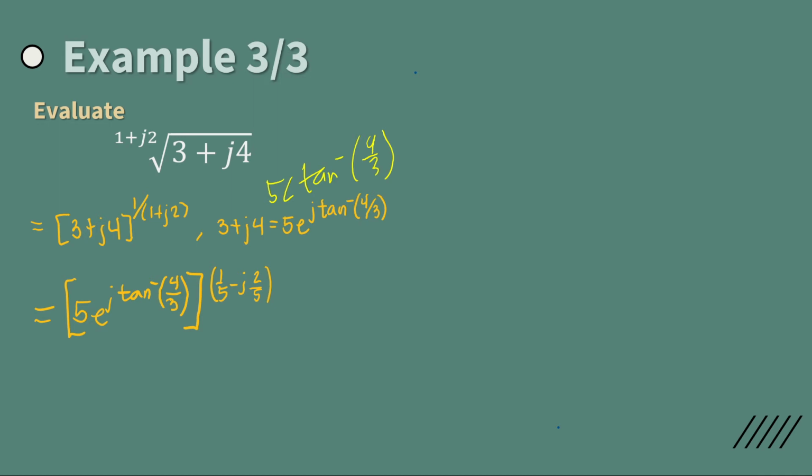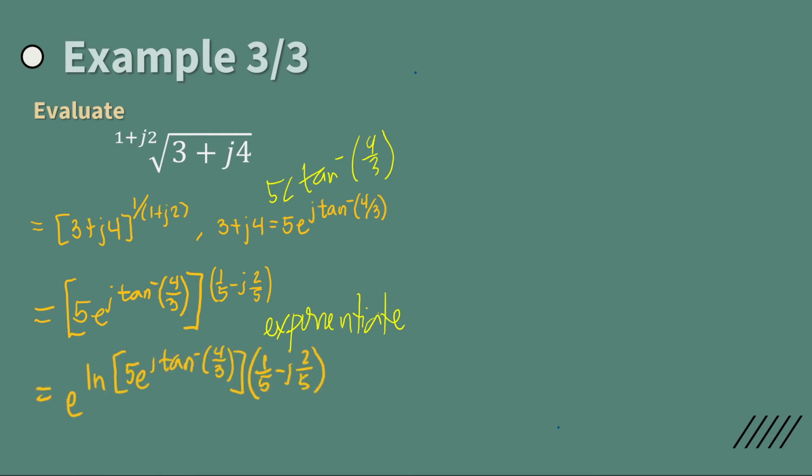Having solved this, actually you need to exponentiate the expression. What I mean is that you take the natural logarithm of the expression, and then you exponentiate that one. So basically, if you evaluate this, e and ln will cancel each other.